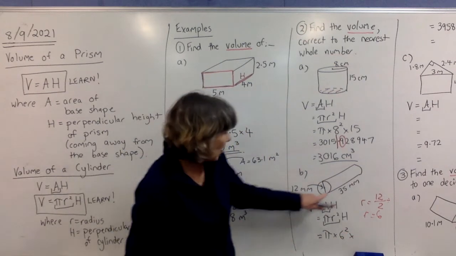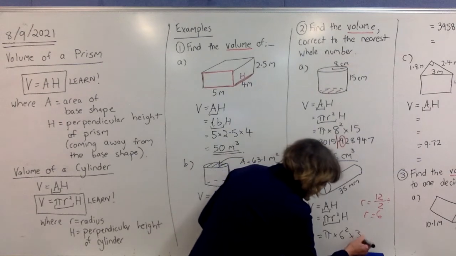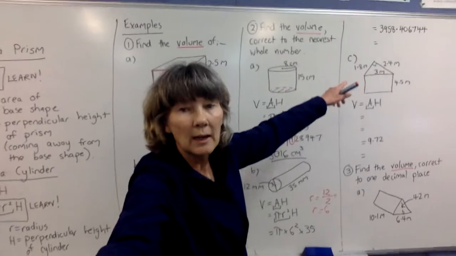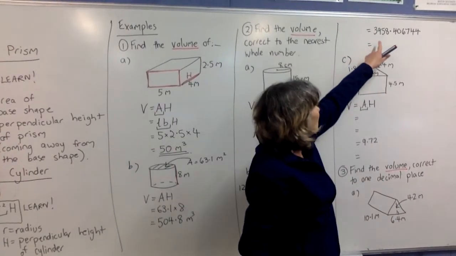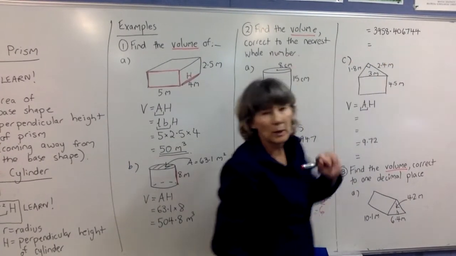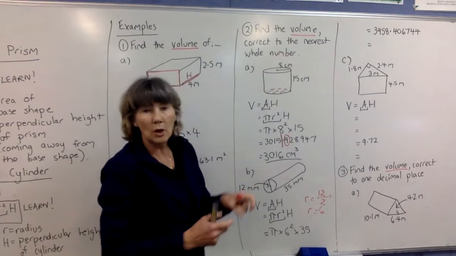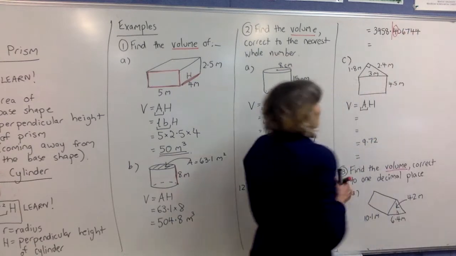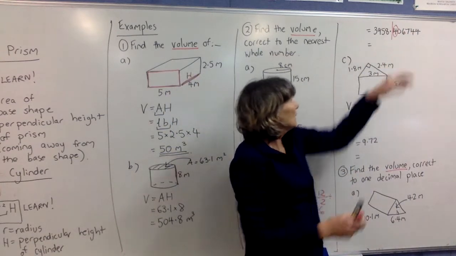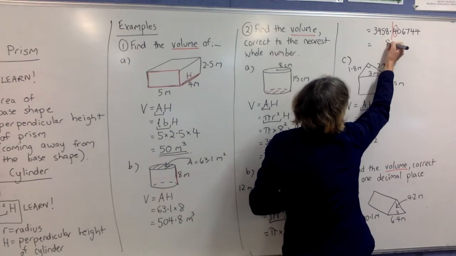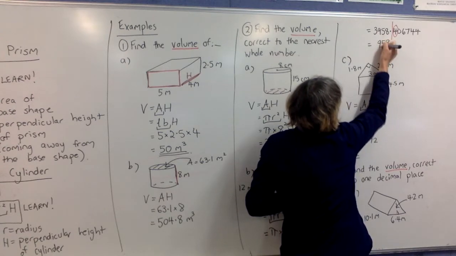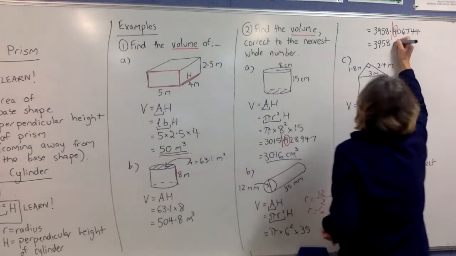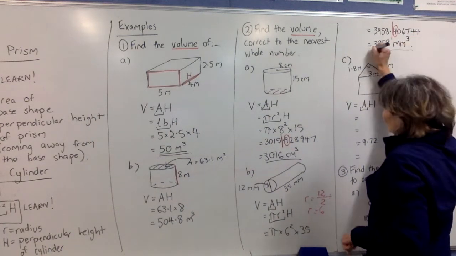The height comes away from your circle, that's 35. And if you put it in your calculator, you're going to get that answer there, 3,958 point whatever. We're rounding to the nearest whole number. So draw a line at the end of the whole number. And because we are less than 5 here, we're going to keep this as an 8. So here's our answer. And we're in millimetres this time, so it's millimetres cubed.